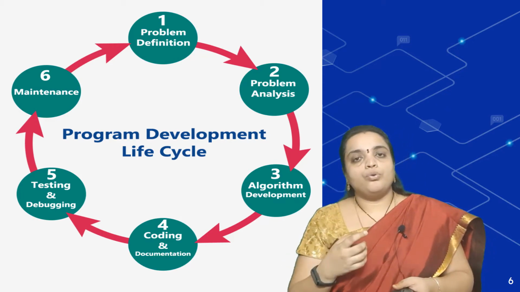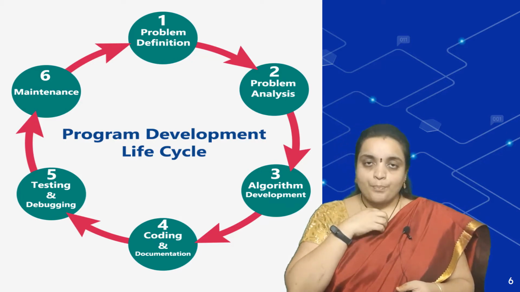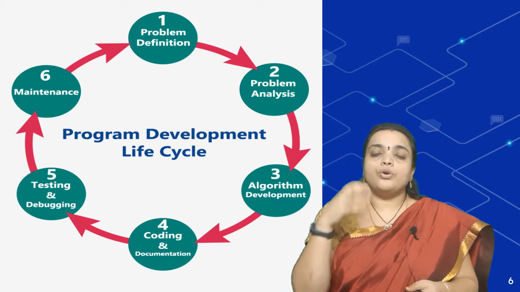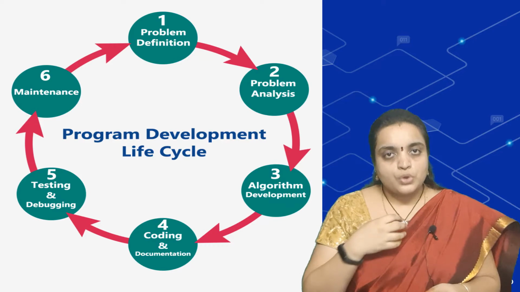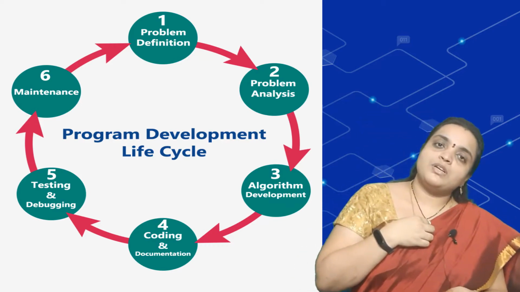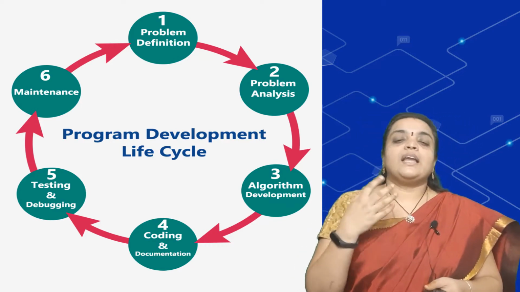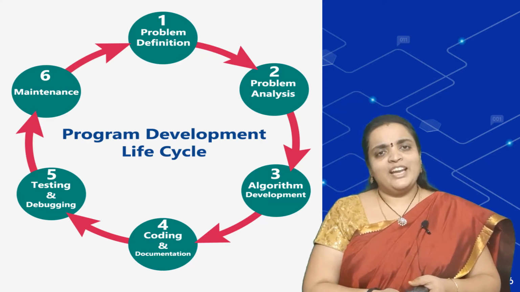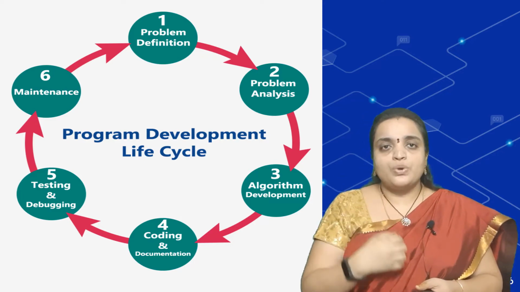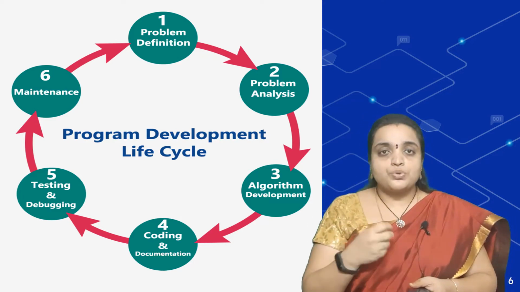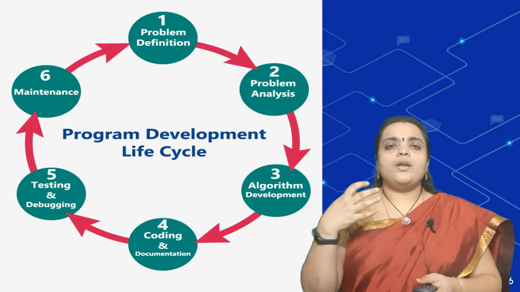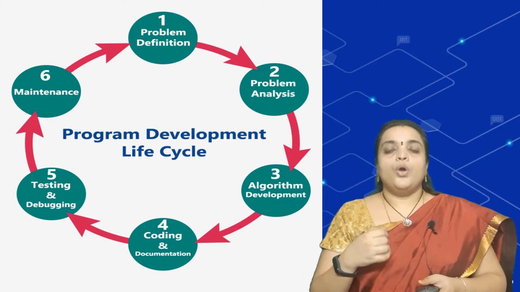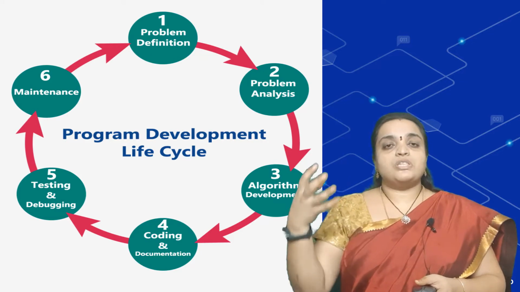Then what you have to do? You have to analyze the problem. You have to give the requirements to your problem. How will you give the requirements to your problem? What are the requirements we need? We need the roll numbers of the students. We need the names of the students. Then we need how many sections we are having, which subject is taken by which faculty.